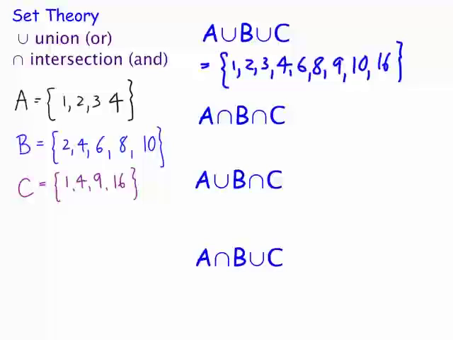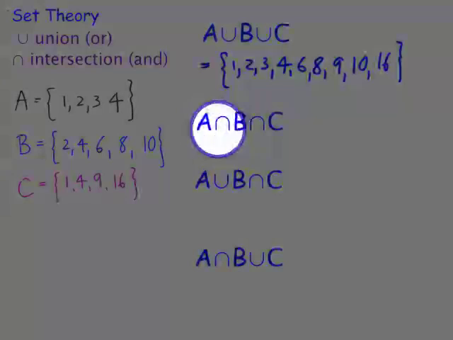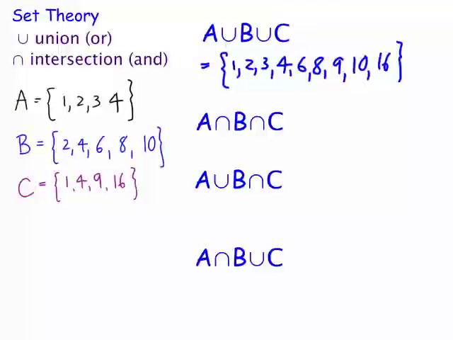But let's quickly do A intersection B intersection C. I guess you can do it in stages. First of all, look at what is in the intersection of A and B. You can see there's the 2 and the 4.